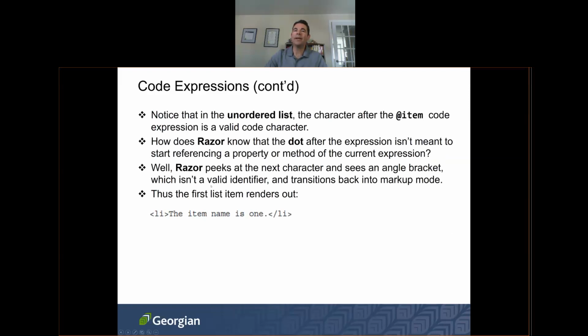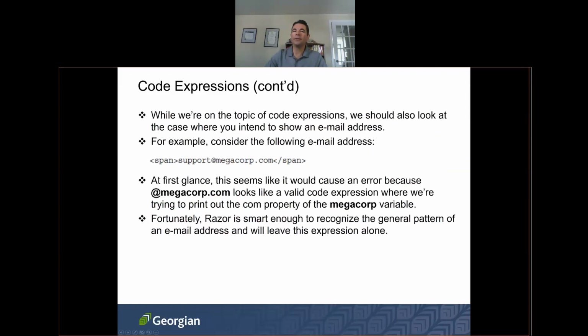And we don't have to indicate the end of an expression, which is great. Now, what about if we have an @ symbol in our HTML, right? Can we do this? Or is this going to be server-side code? Right? Razor is smart enough to recognize the general pattern of an email, and it's going to know this is not server-side code just because there's an @ symbol here, which is great.